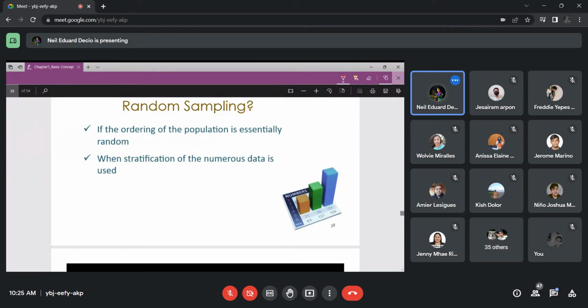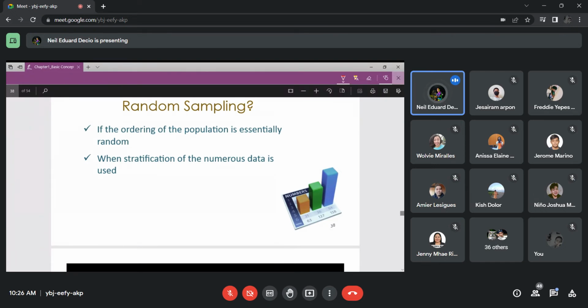Okay, if you want your study to be as reflective as possible, if you want to obtain good results, you would use a non-probability sampling because you would be selecting your samples based on some criteria.